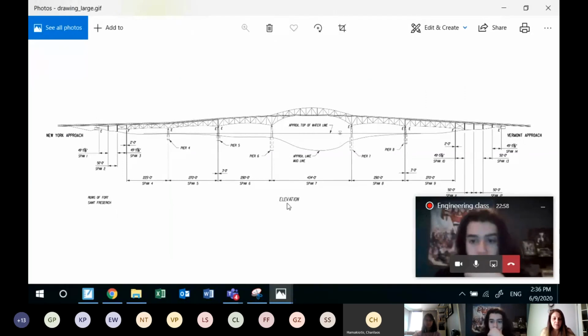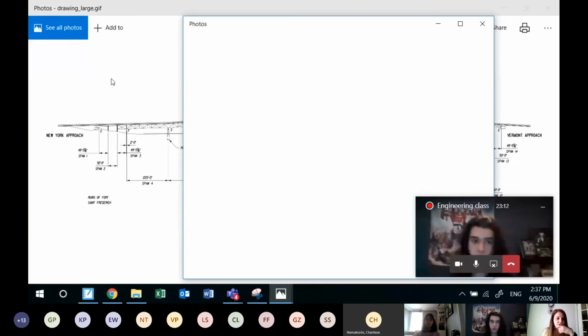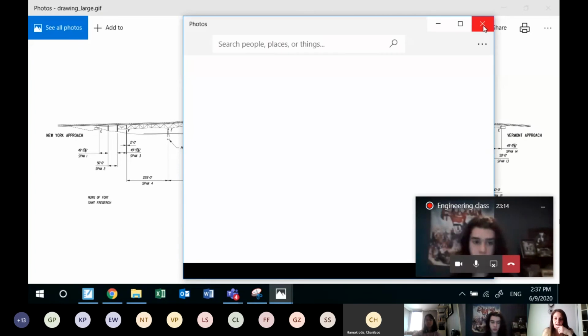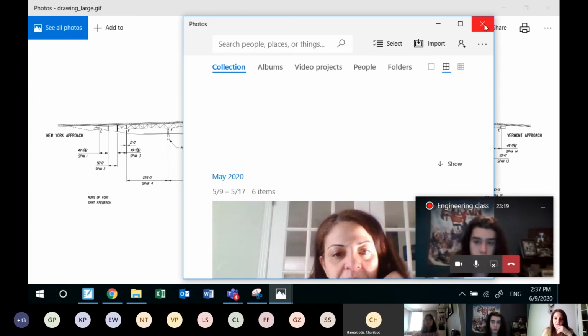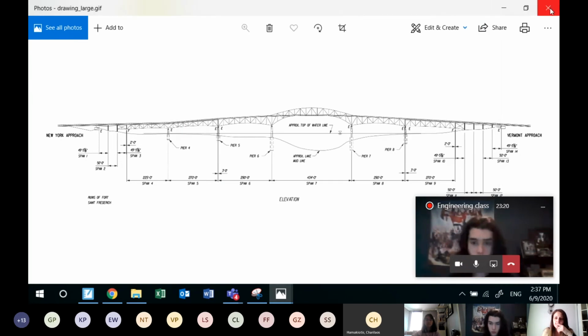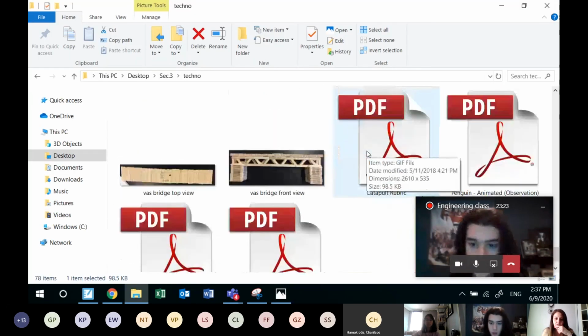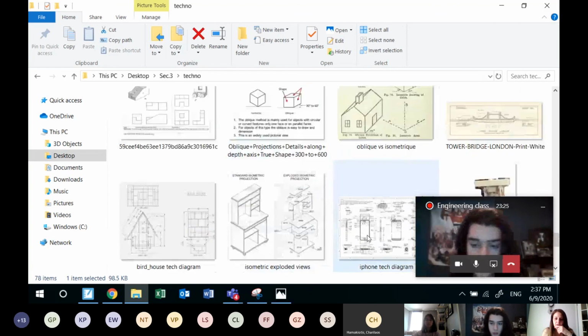This is an old image of the Champlain Bridge, and if you didn't have all these details, it would be really hard to know what these numbers represent. Okay, there's a better image. There's the one with the iPhone, the image of the iPhone. The iPhone image is right here.